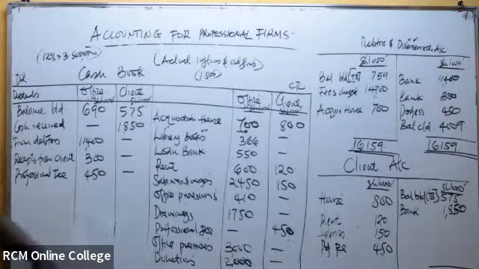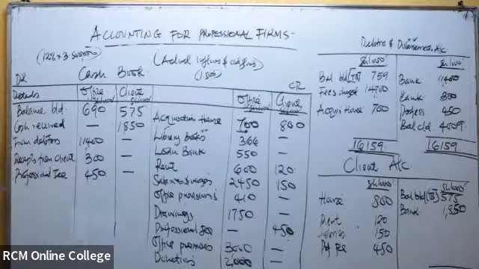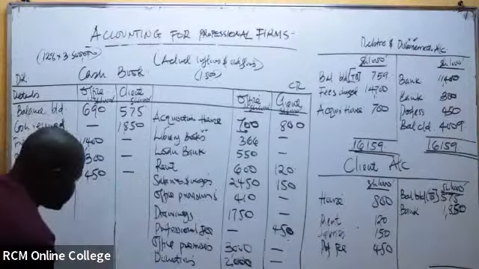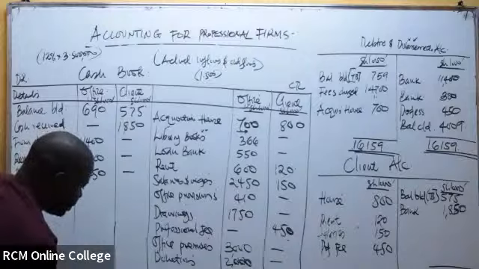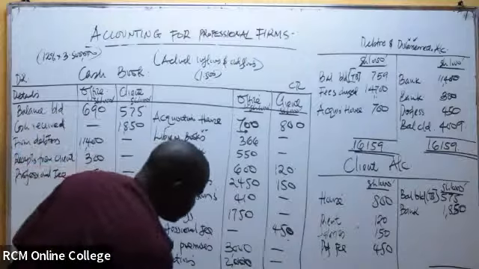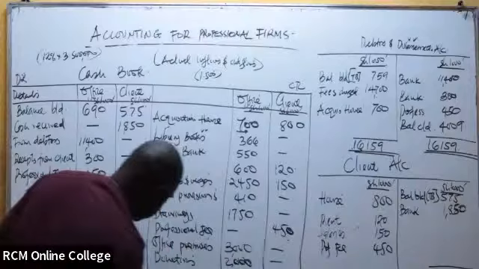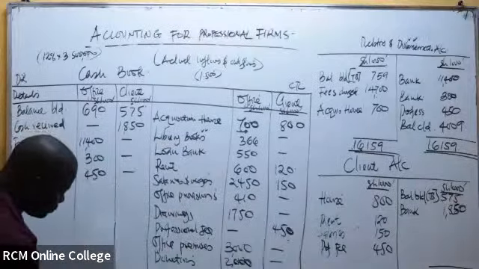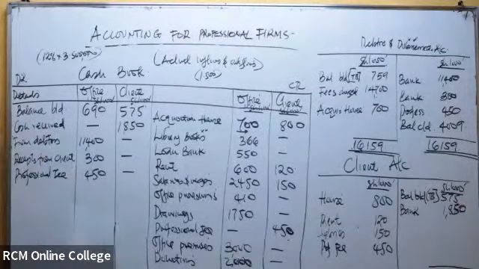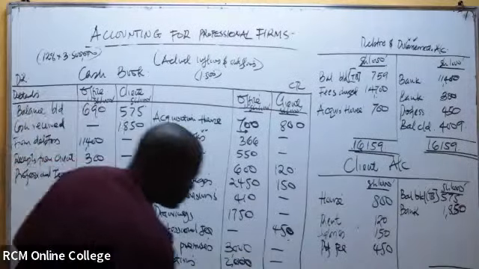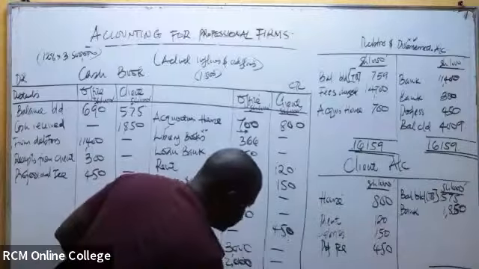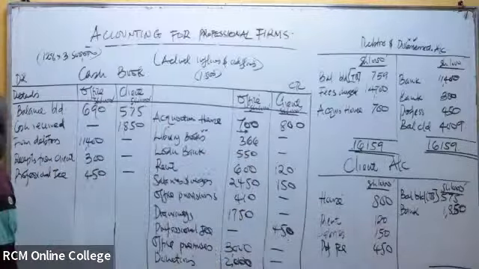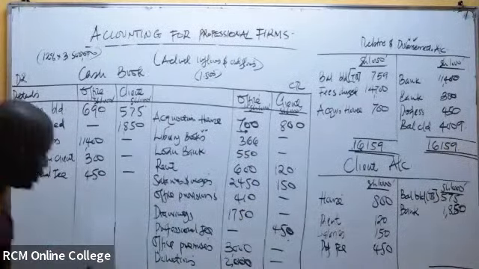Give me the total on the credit side there, which of course will be the same as this one here. What is the total there? It is 24.25.